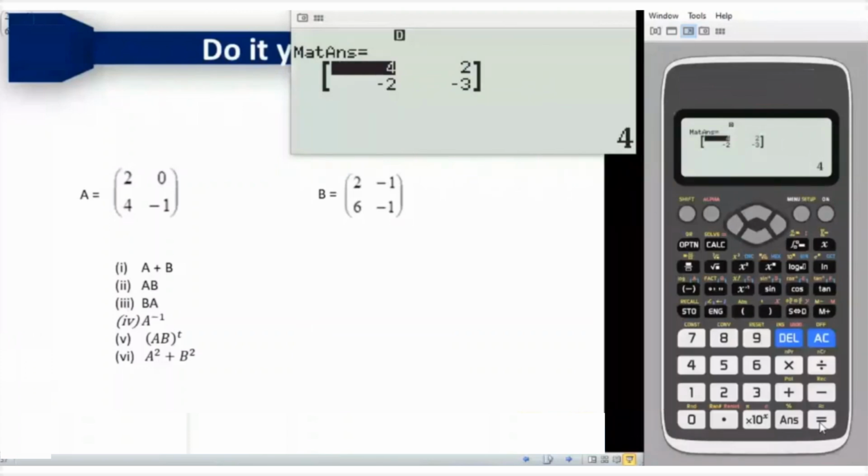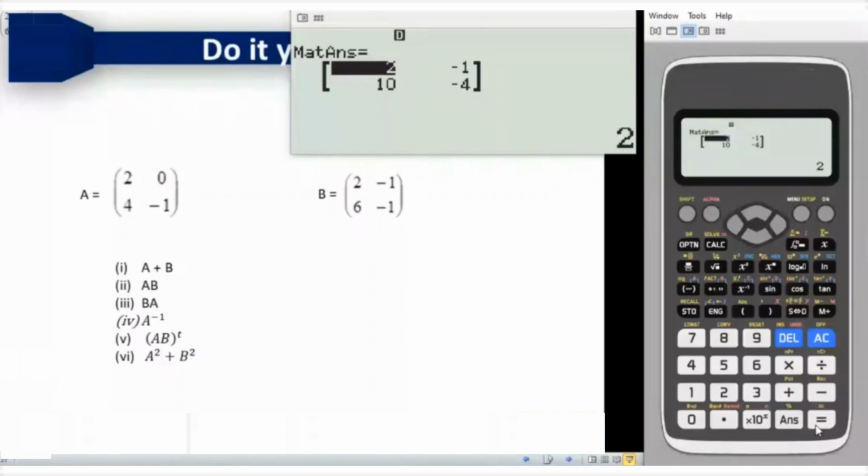Then there is A square plus B square. A square plus B square means option 3 square plus option 4 square. And when you press equals to, you will get 2 minus 1, 10 minus 4.